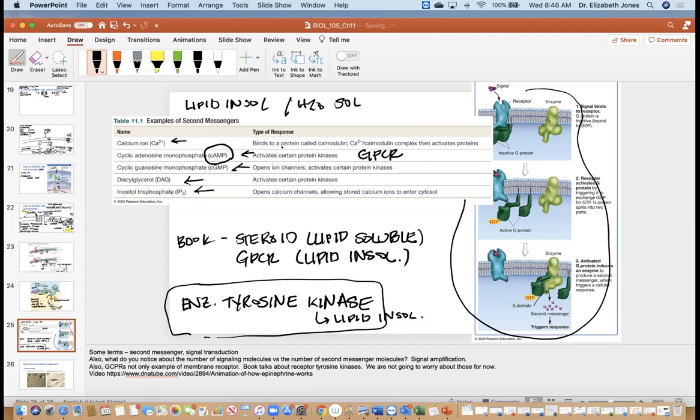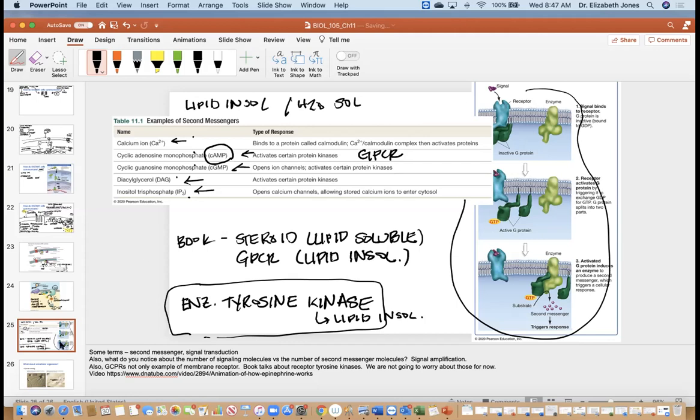And the reason for that is because remember that the first messenger cannot cross the cell membrane. So you have to use a second messenger on the interior of the cell to accomplish your activation. So a great question would be whether or not steroids, which are the lipid soluble type that can cross cell membranes, have second messenger molecules? And the answer is no, because they themselves can diffuse directly into the cell.